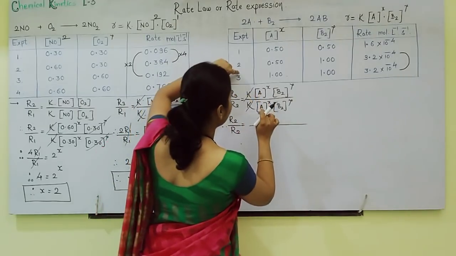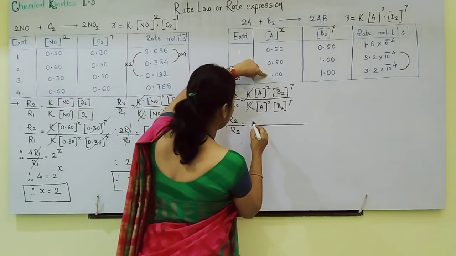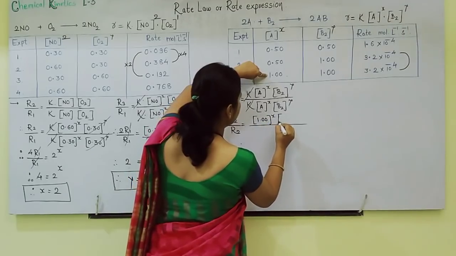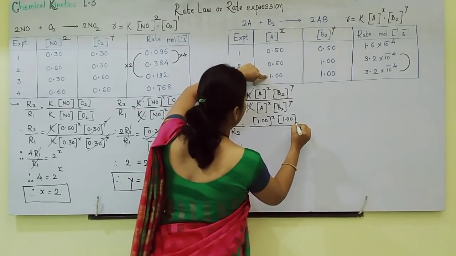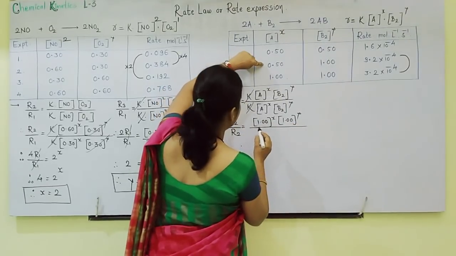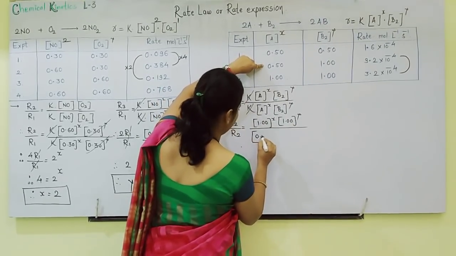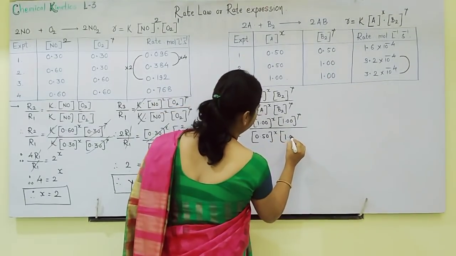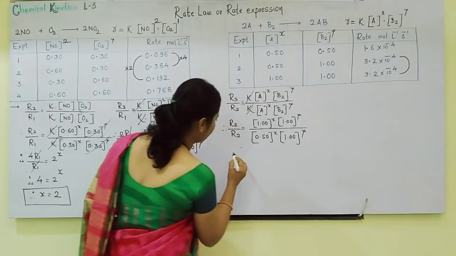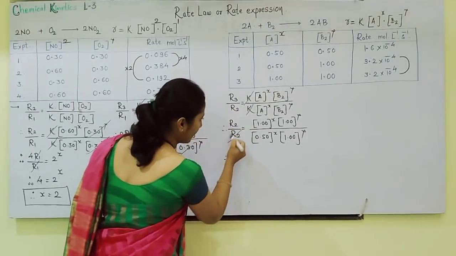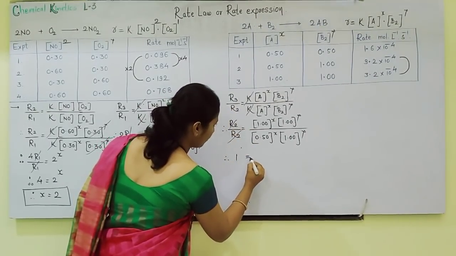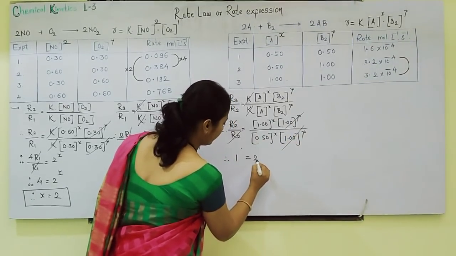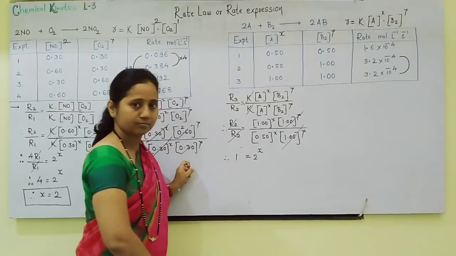For experiment 3, A was 1 raised to x, B2 also 1 raised to y. For the second experiment, the values got cancelled, and it is 1 equal to 2 raised to x.